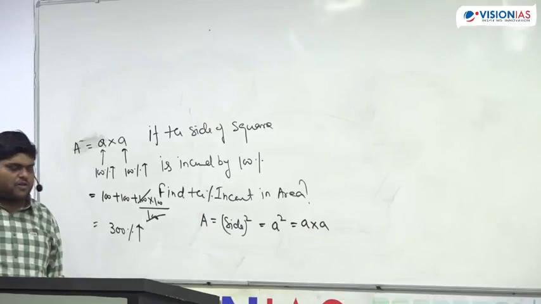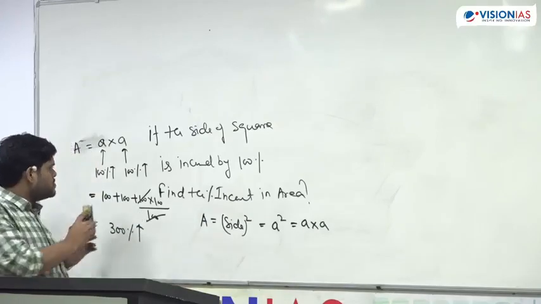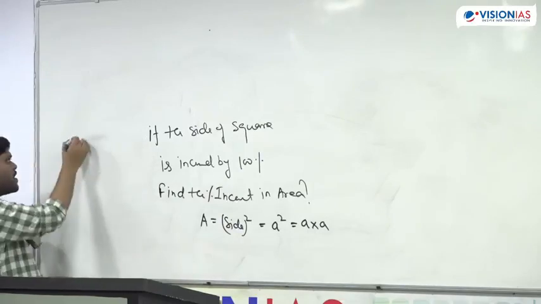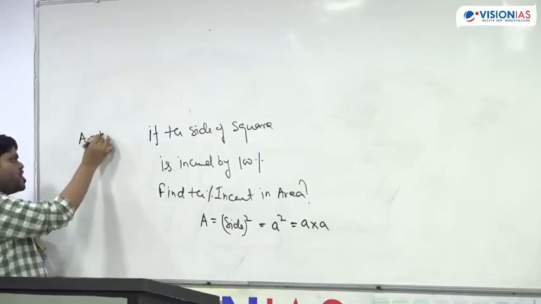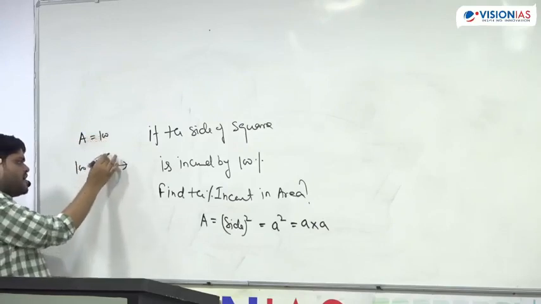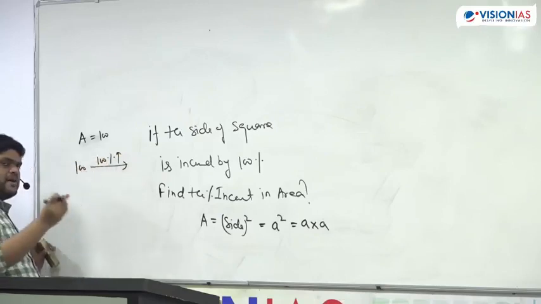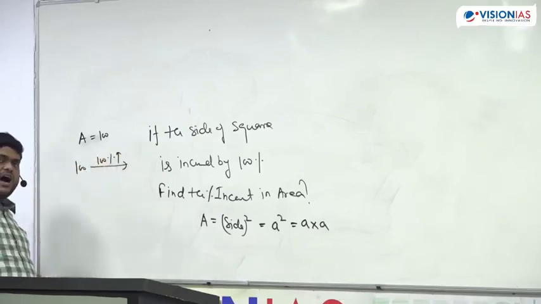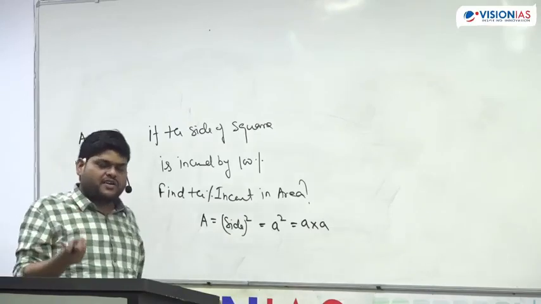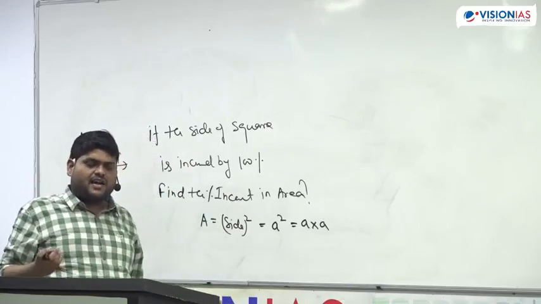We can solve by the other way out, by taking 100. If we take A is equal to 100, so first increment of 100%. 100% of any number will be that number itself. 100% of 100 is 100, 100% of 500 is 500, 100% of 700 is 700.